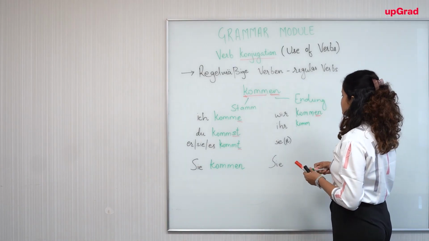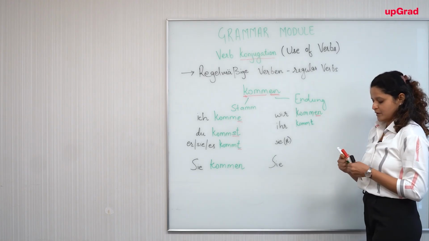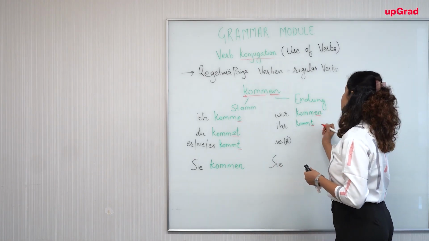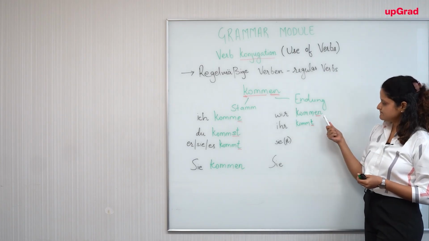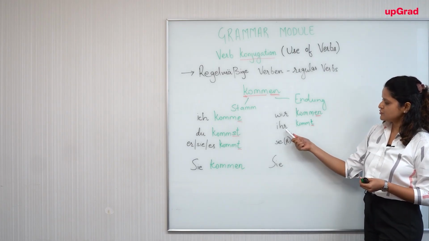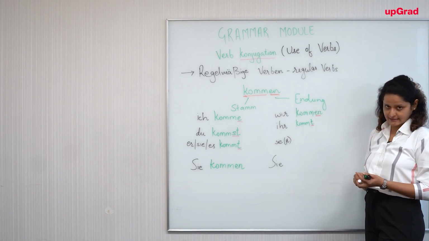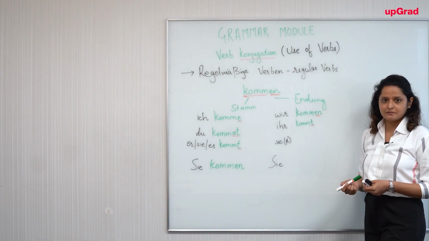What changes here again is the ending, and the ending here is t. So ihr kommt. Wir kommen, no change; ihr kommt. That is second person plural, the ending is t. We move on to the third person.